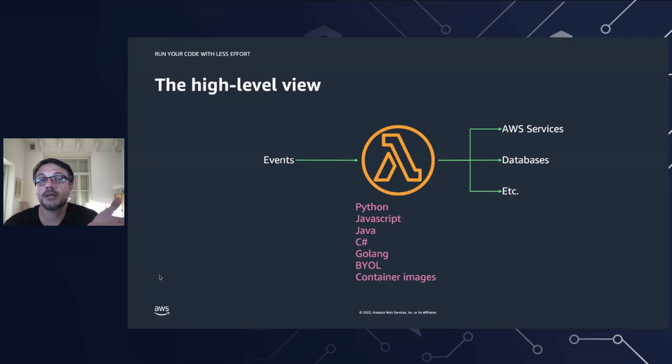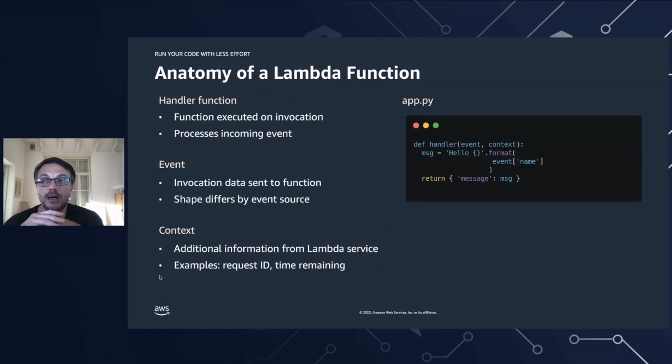And of course, you will integrate your functions with different other AWS services, maybe some external databases and external APIs. Looking closely into a Lambda function, how you can start and how you build your functions and your code.